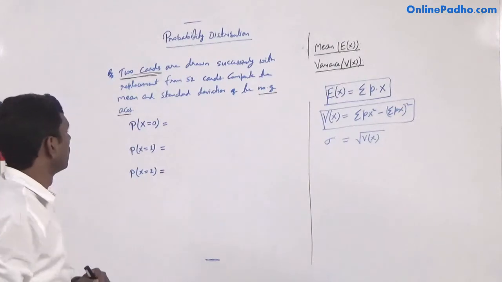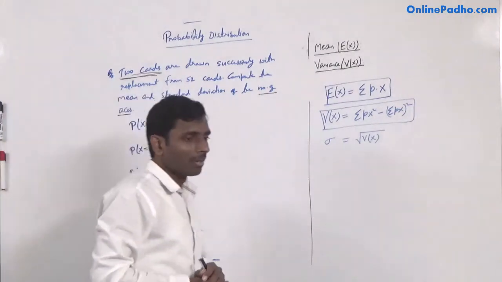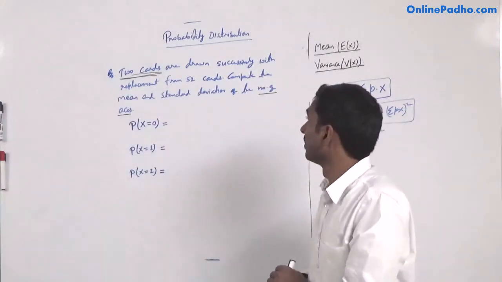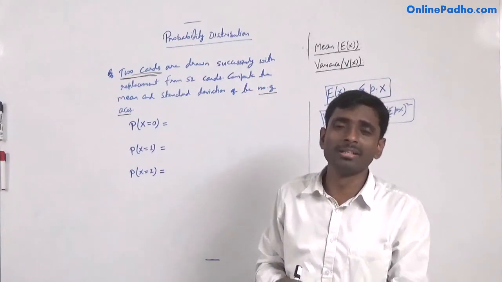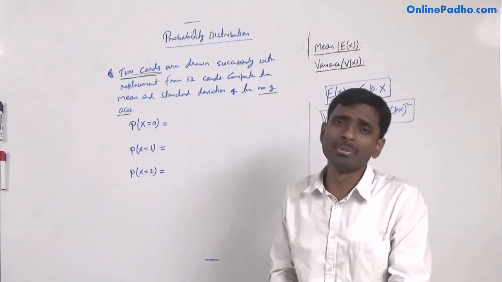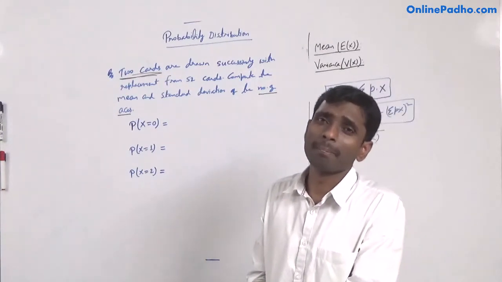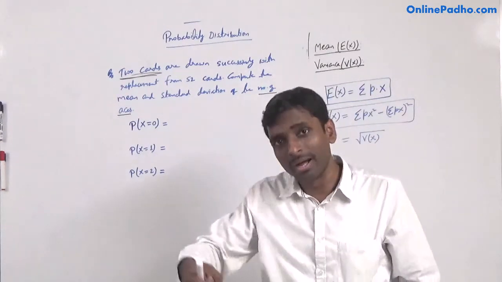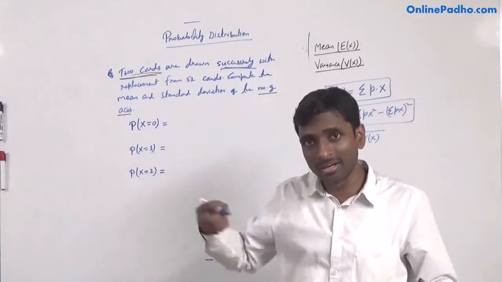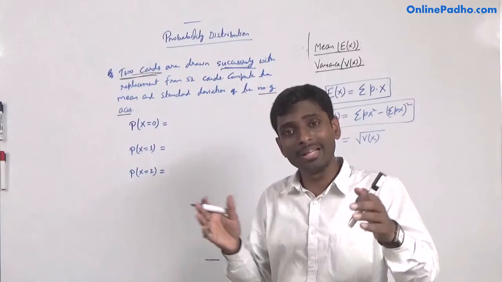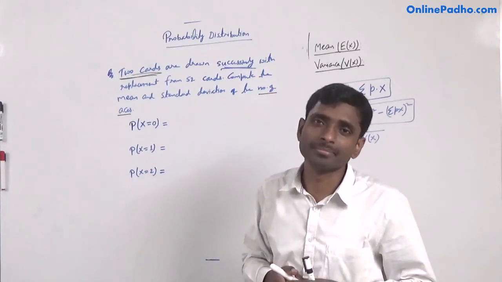Do you know about with replacement and without replacement? We already learned this in probability. If you draw one card, successively means one by one, then the pack again has 52 cards.